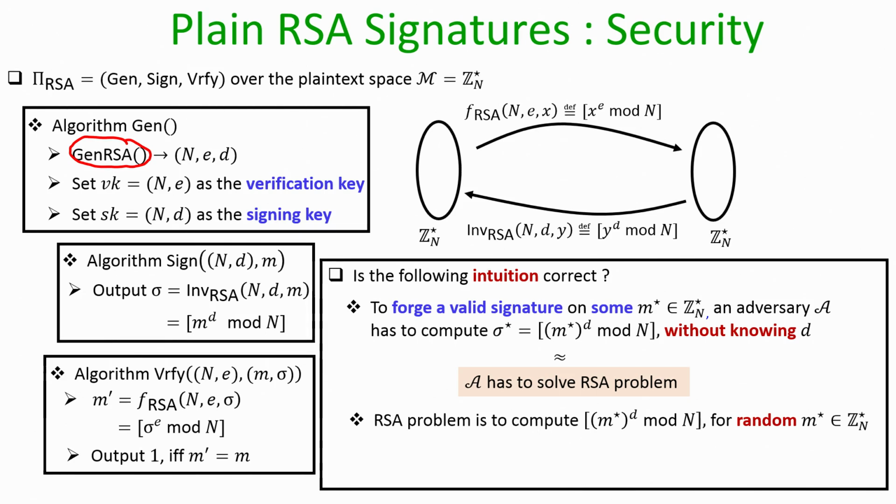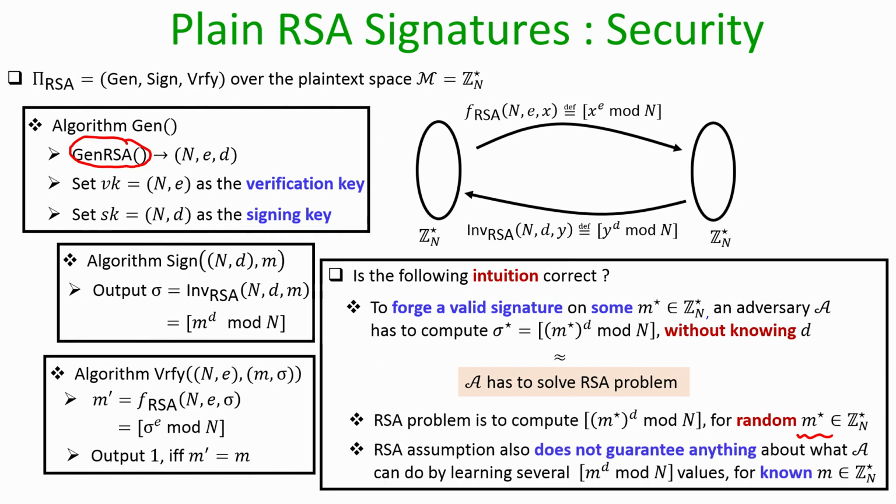But it turns out that this intuitive argument is not correct. One of the reasons is that the RSA problem is difficult to solve only if m star is randomly chosen from Zn star. It does not say how hard or how easy it is to compute m star to the power d modulo n without knowing d for any m belonging to Zn star.